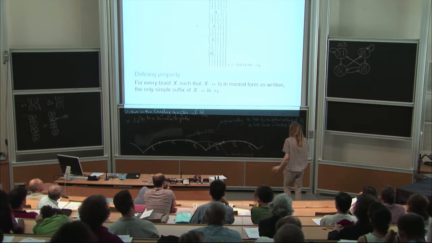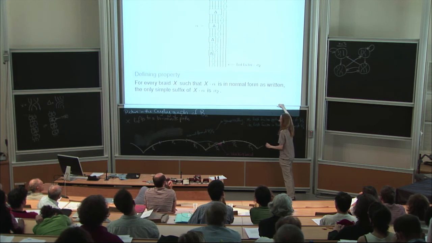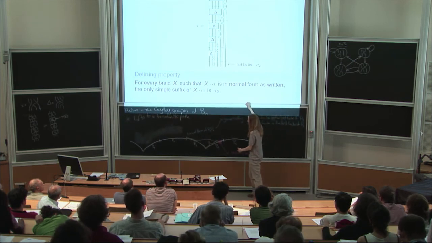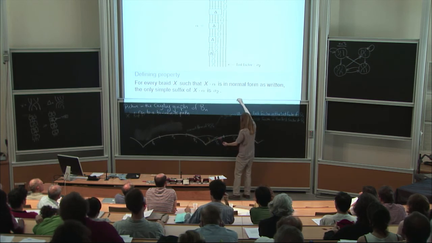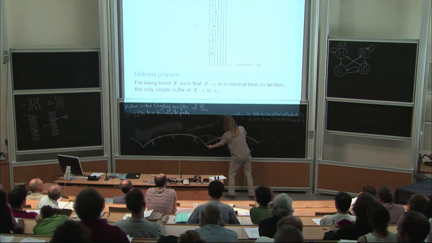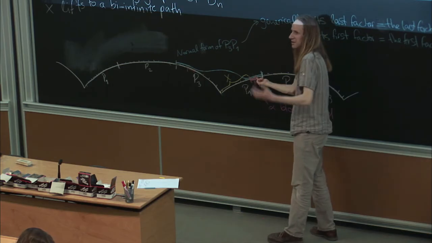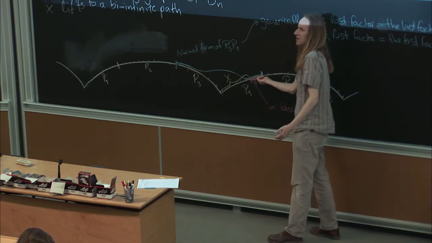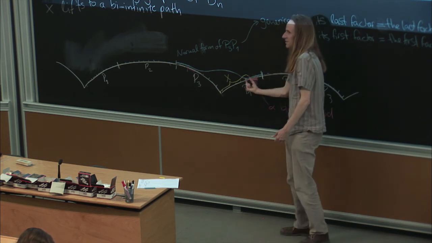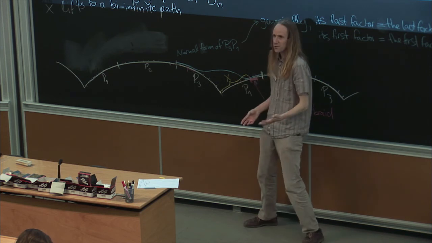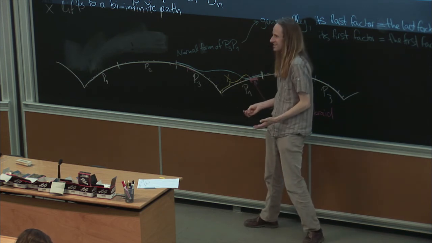So, let me try to summarize this. There are two things that can happen. It could, of course, happen by accident that P3 eats all of this braid, up to and including alpha. By some terrible coincidence, that could happen. But as alpha, I said, occurs in the second half of P1, we can prove that this is actually extremely unlikely.